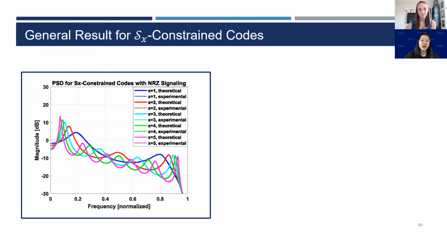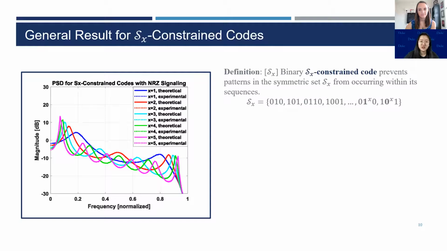And then we also want to show you the definition of the symmetric SX constraint codes and their general results. So in addition to the forbidden patterns of 101 in AX constraint codes, SX also forbids 010, 0110, where zeros only appear at the two ends in the infinite sequence.